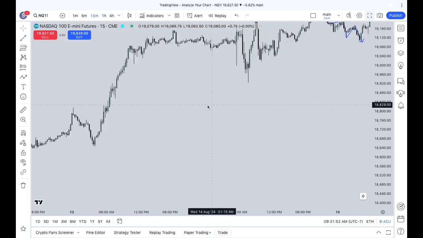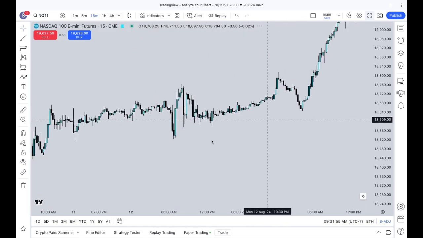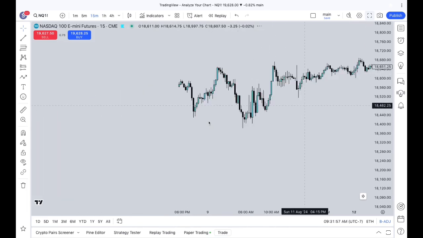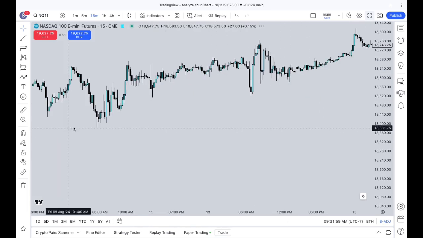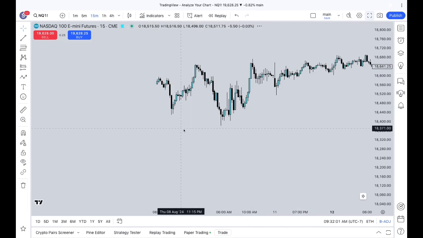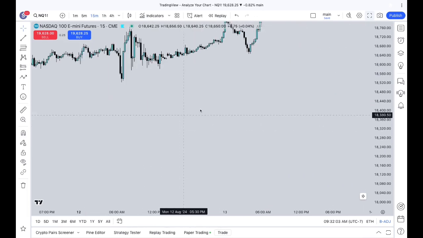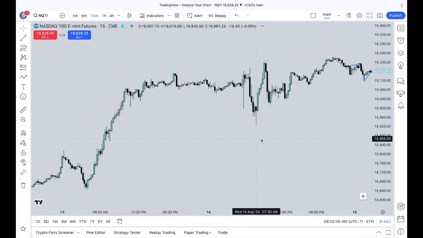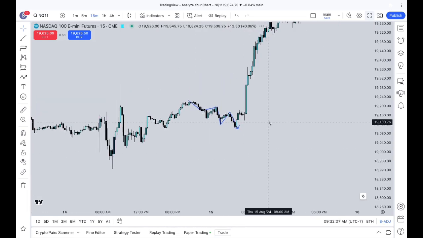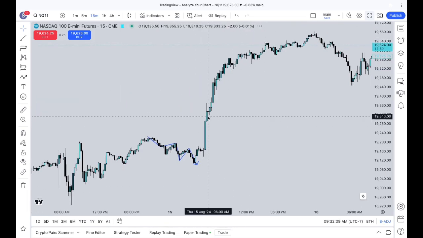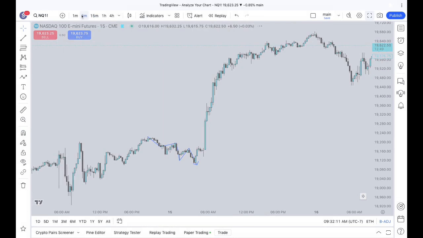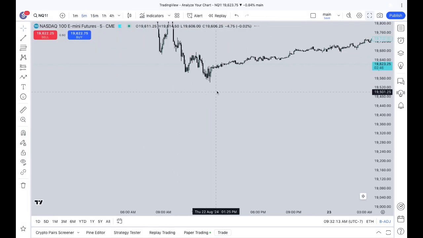Then let's try to find a good bullish trend. It's kind of sloppy right here, so I'm going to go to the 5-minute for this.